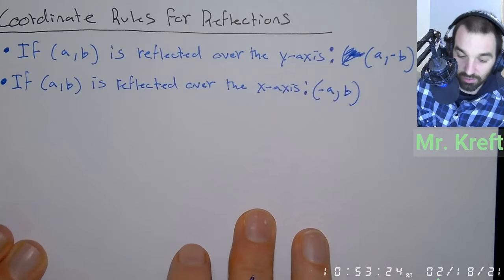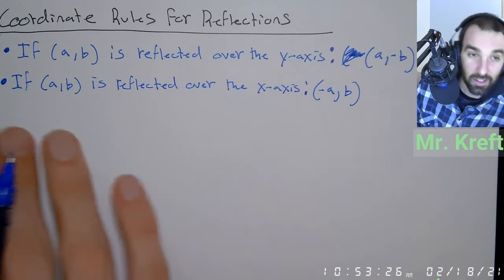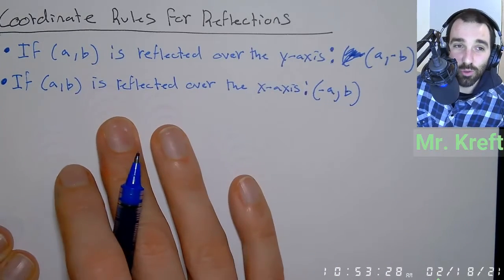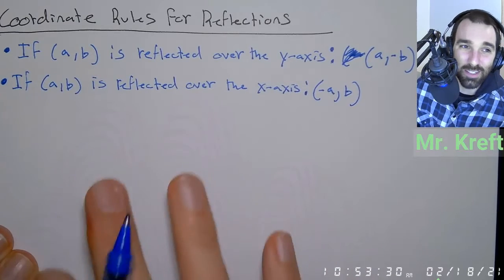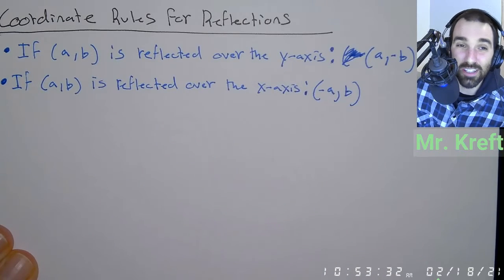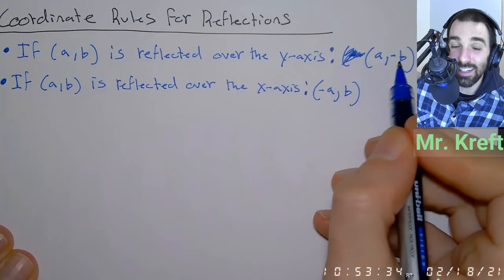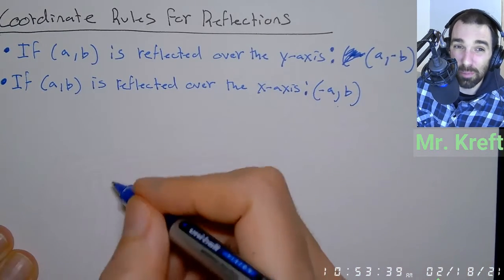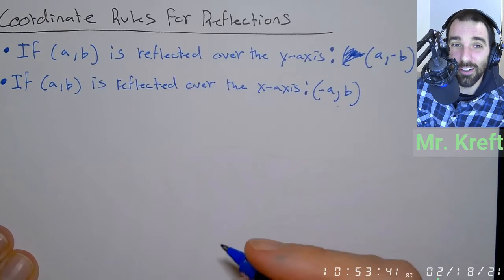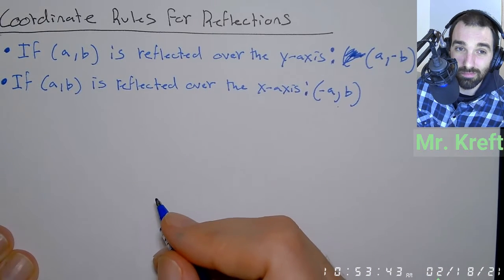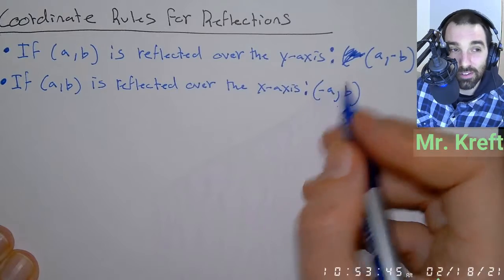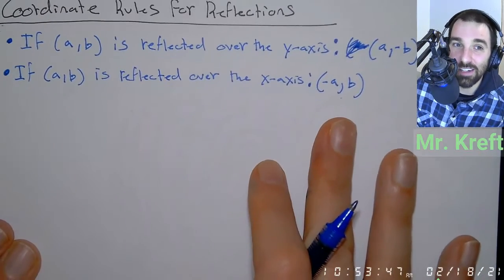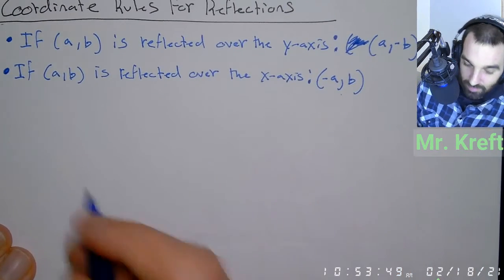And don't worry, we're going to practice this in just a second. Again, you can write these 2 down. I don't like using these because if you use them, it's really easy to mix up which one's negative. Whereas if you draw the picture and you count, it's a lot harder to mess up counting. So they're here, they exist. I don't recommend using them.